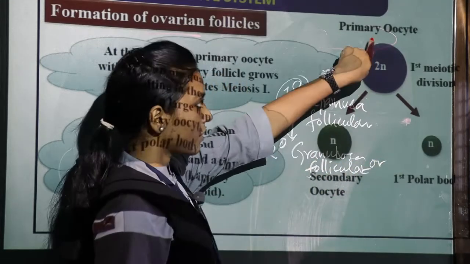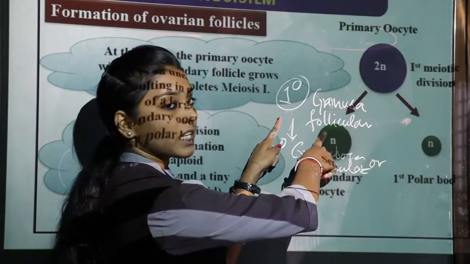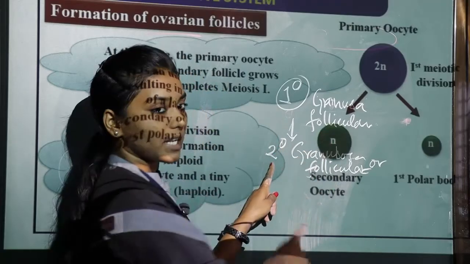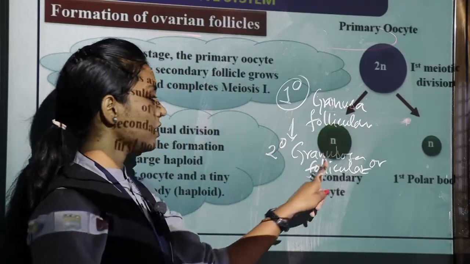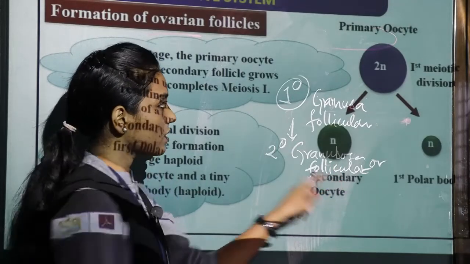Okay, from this stage to this stage, in between it has formation of primary granulosa or primary follicular cells, and the second one, secondary granulosa or secondary follicular cells. I hope you are clear with this.